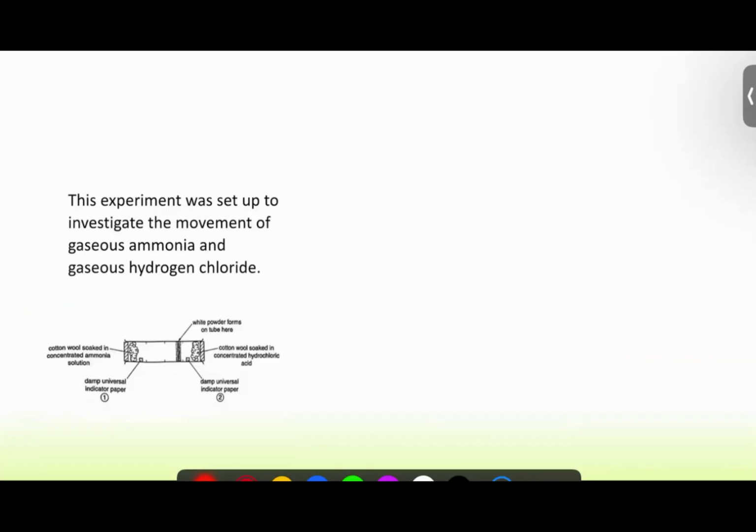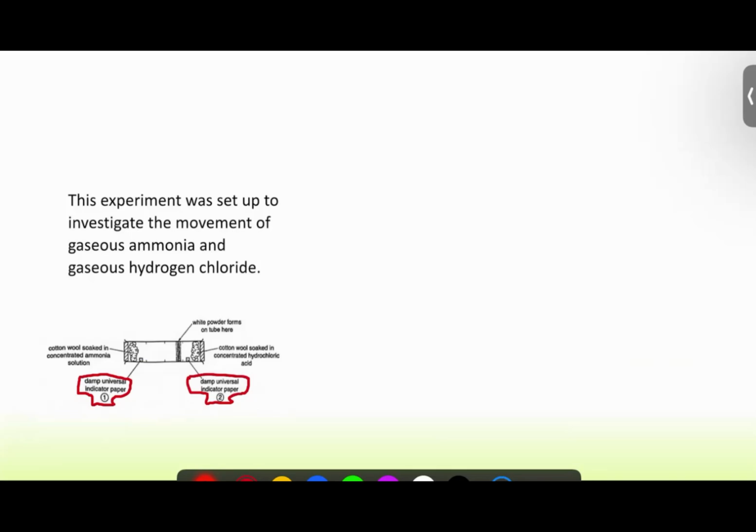This experiment was set up to investigate the movement of gaseous ammonia and gaseous hydrogen chloride. So we actually have a tube here, with universal indicator paper number 1 and universal indicator paper number 2.